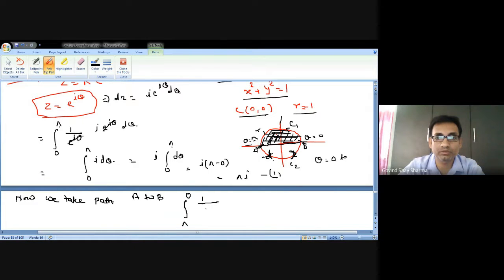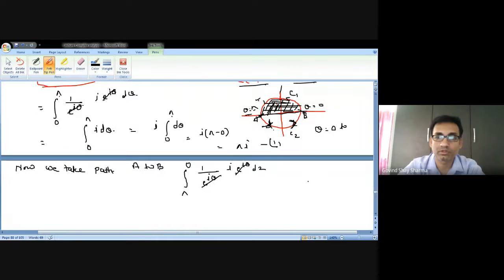Z is equal to 1 upon e to the power iota theta, and dz is iota e to the power iota theta dtheta. So this is cancelled, and it converts into iota, pi to 0.